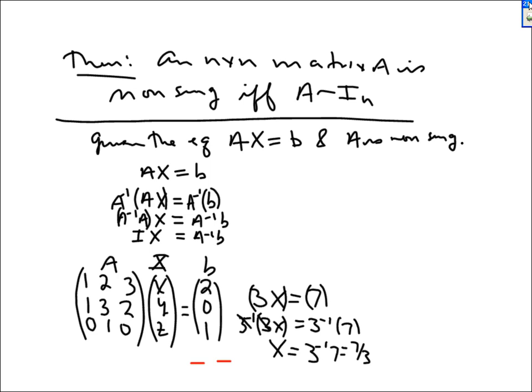And I times x is just x. So we're done. X is take b and multiply on the left by A inverse. That is, to solve this equation, you can find the inverse of A and then multiply that by b, and you will be done.